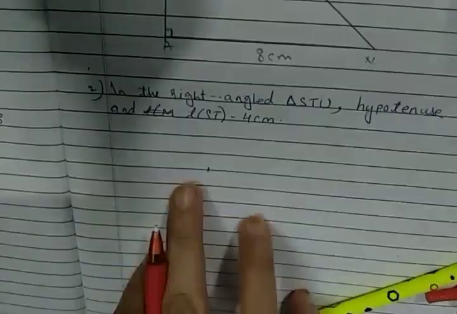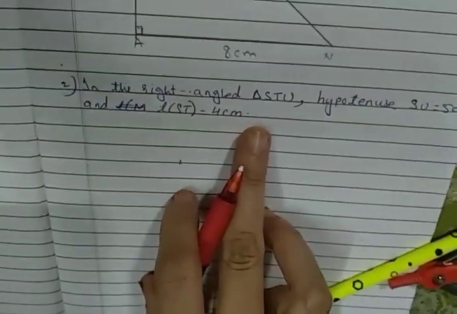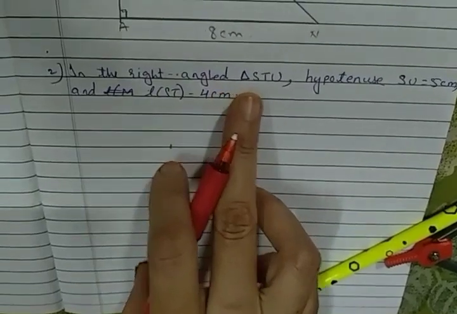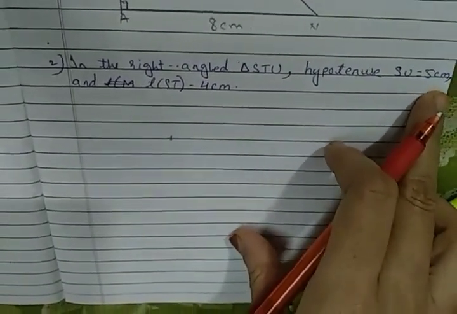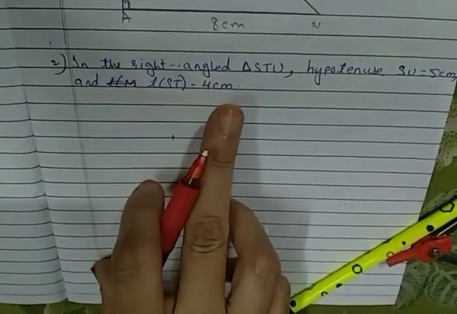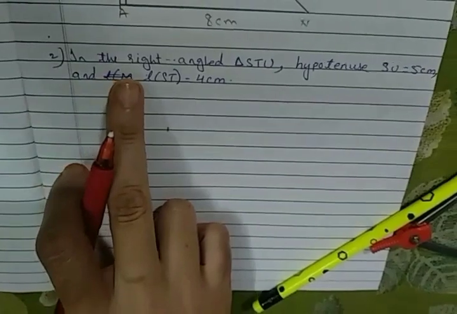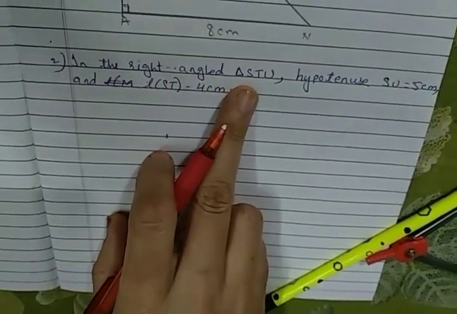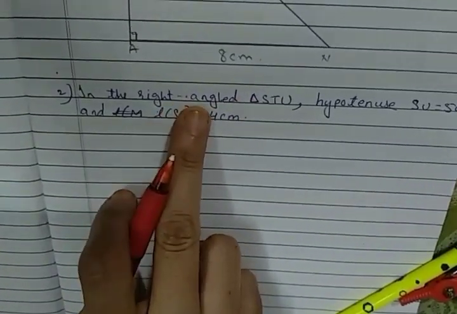Now see the second one. In the right angle triangle STU, hypotenuse SU is equal to 5 centimeter and ST is equal to 4 centimeter. Students, remember it. If there is mentioned the right angle triangle, that means the measure of angle of that triangle is what? 90 degree.